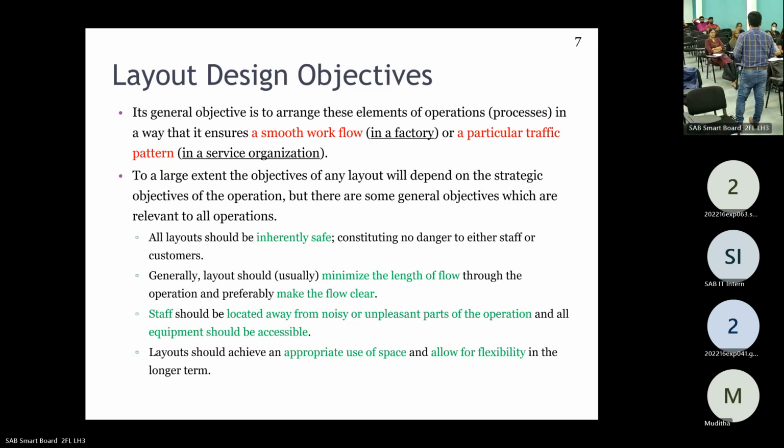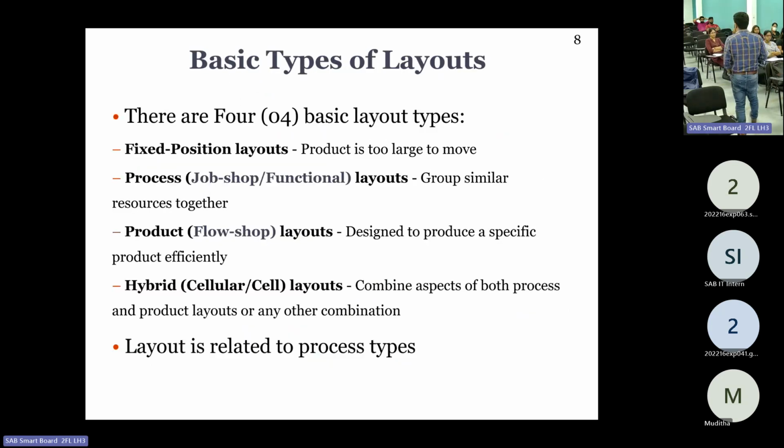They have to be considered when making a layout. Having understood that, we then move to identify what the basic layout types available are. You as accountants or finance managers may not refer to them often, but when you study operations management, you should know what the basic layout types are. So there are four main layout types we identified there.